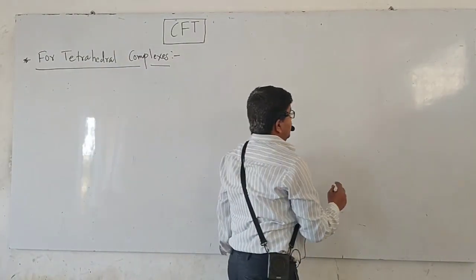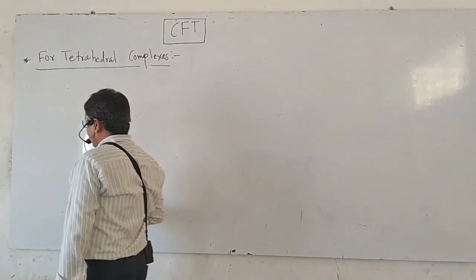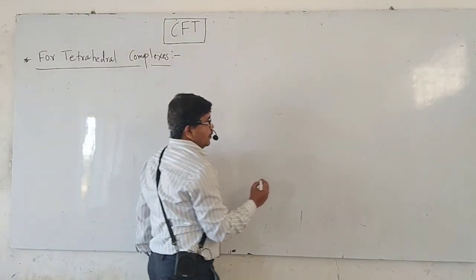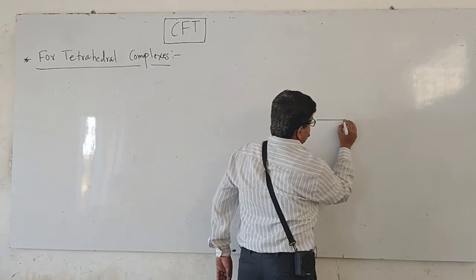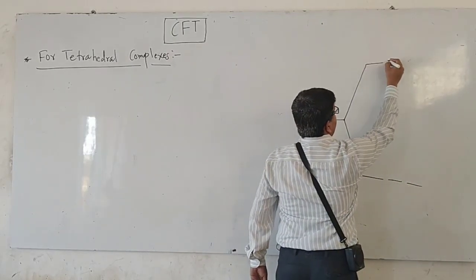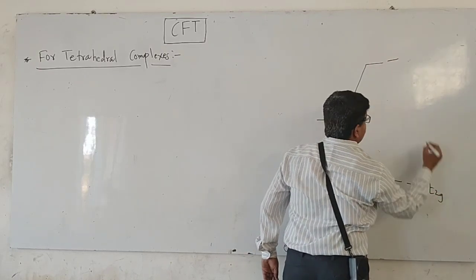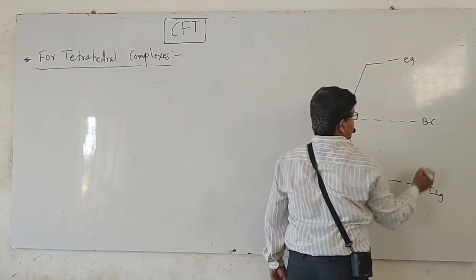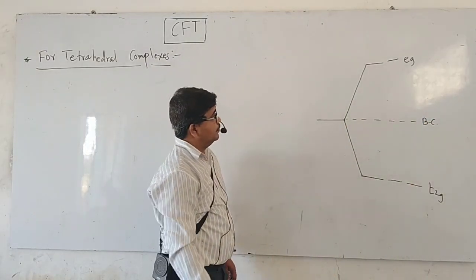Now, in octahedral complexes, you know that the d orbital splits as T2g and Eg. Between T2g and Eg, there is a barycenter.